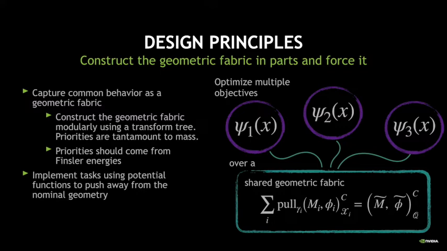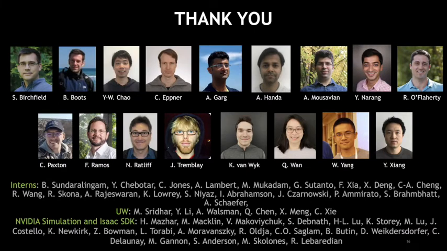And so the idea is to try to put as much of the behavior as we can into this shared geometric fabric by designing parts of it in different spaces within a transform tree and pulling them back, and using that single geometric fabric to solve many problems, each of these problems being represented by their own individual potential function, which will force away from that nominal behavior to solve the specifics of the tasks. Okay, and that's all I wanted to say here.